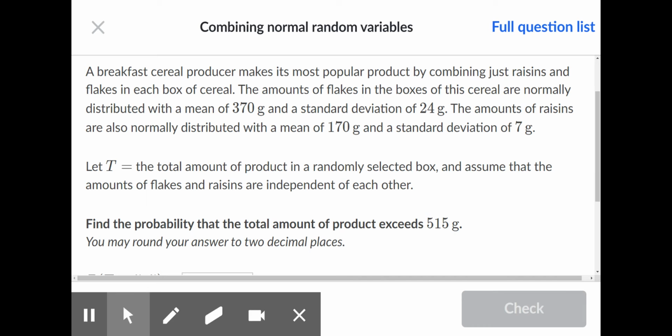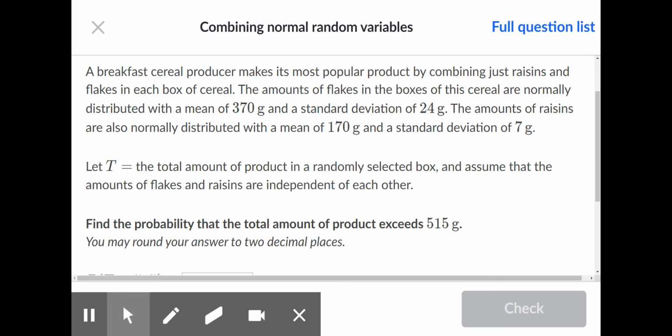The upper bound goes all the way to infinity. We do not have infinity on the calculator, so the best thing to do is put in a big number. Then we need the mean of T, which we found is 540, and the standard deviation of T is 25. So we put it into the calculator: 515, 999, 540, 25. Maybe I have to write this down.